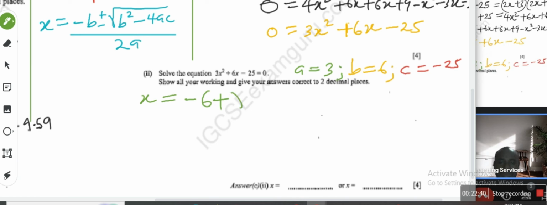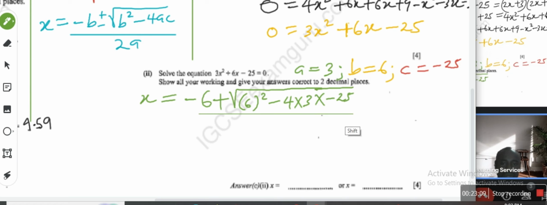Plus square root of b squared, which will now be 6 squared, minus 4 times a, which is 3, just substitution, 3 times c, which is minus 25, times minus 25, all over 2 times a, which is 3.